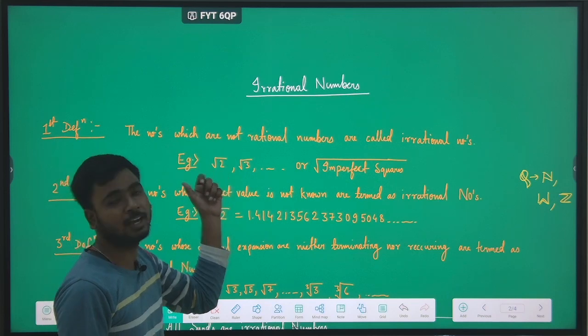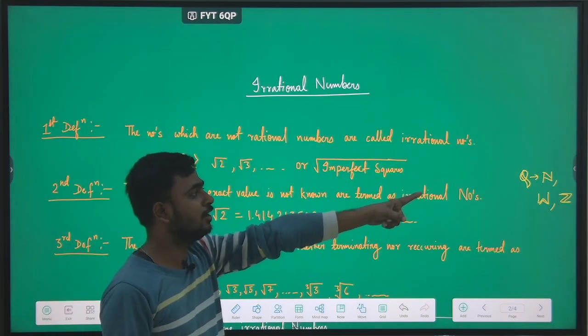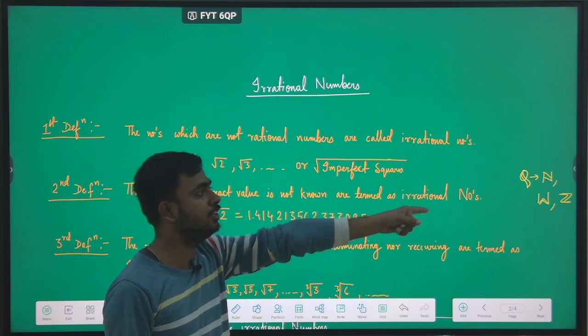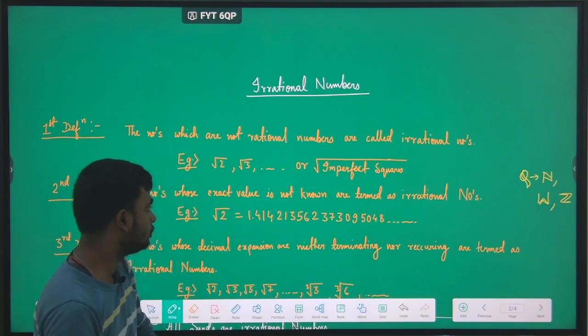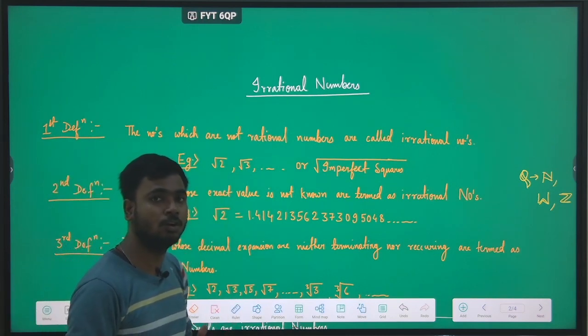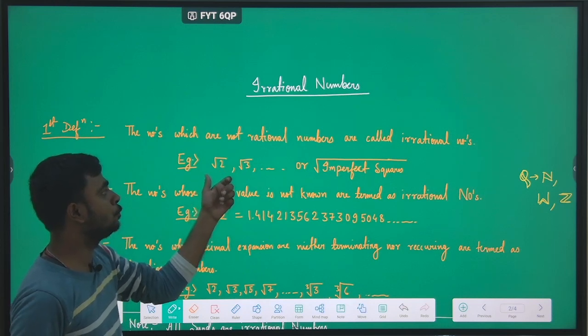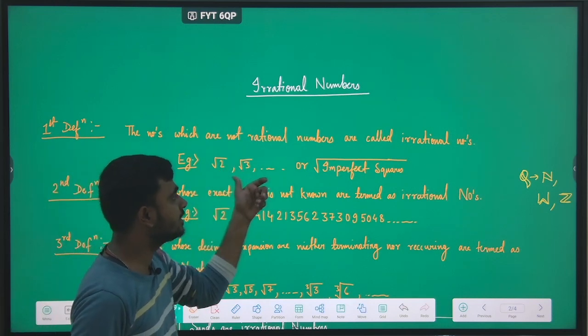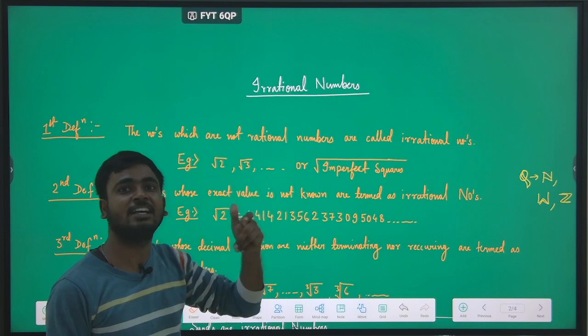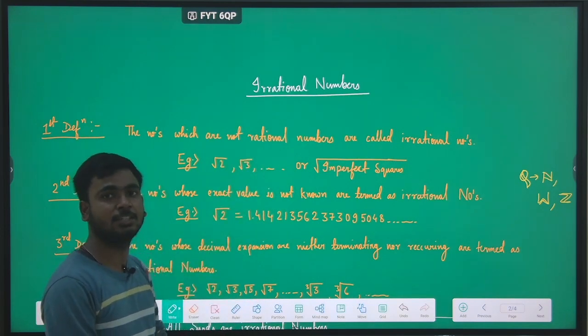So it is not a rational number, because any rational number can only be in the form of p by q. The value of root 2 is not known to us. So the numbers root 2, root 3, these types of numbers are not rational numbers, so we can say these numbers are irrational numbers.